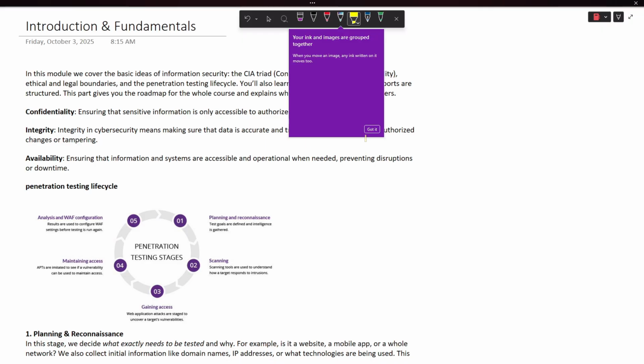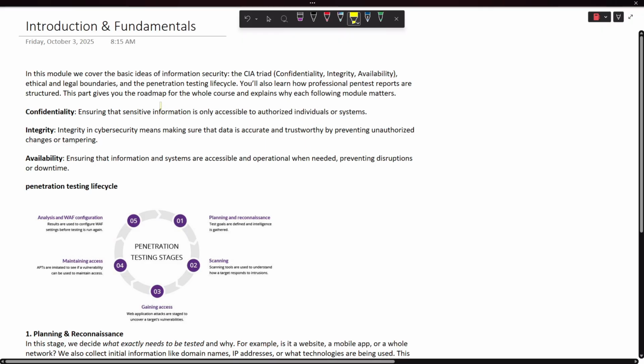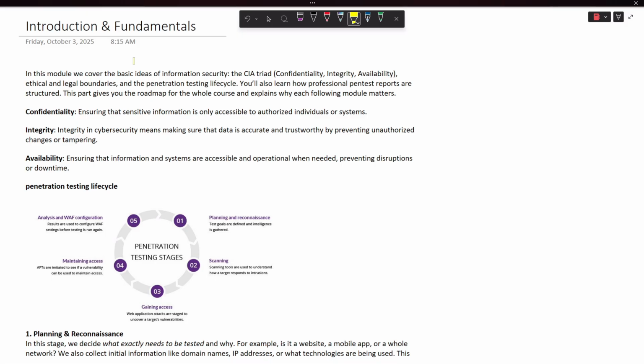After that, the first thing that we should understand is the CIA triad, which is confidentiality, integrity, and availability, the most important part of cybersecurity. So what is confidentiality?